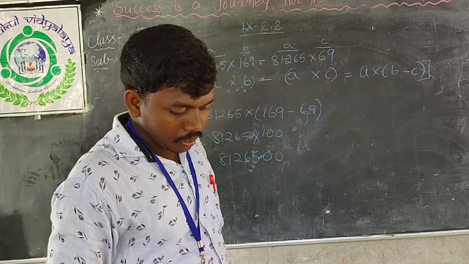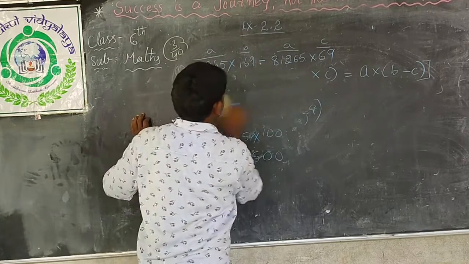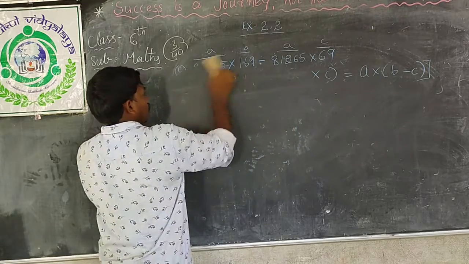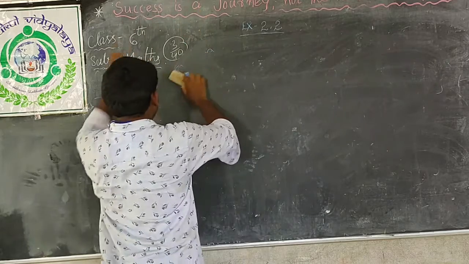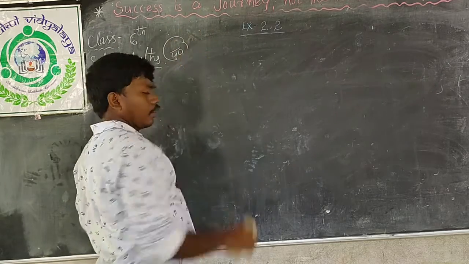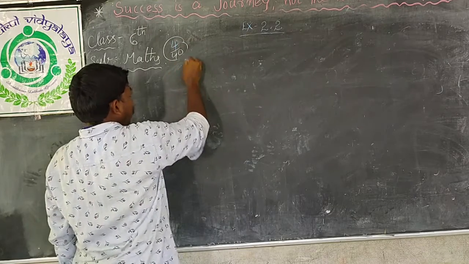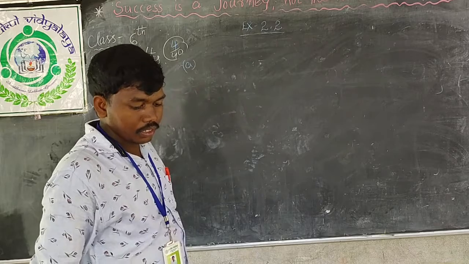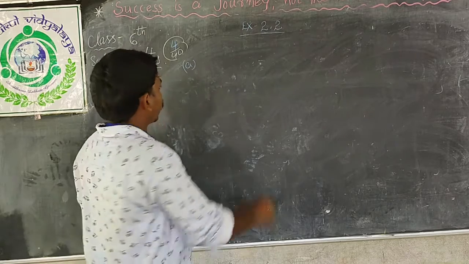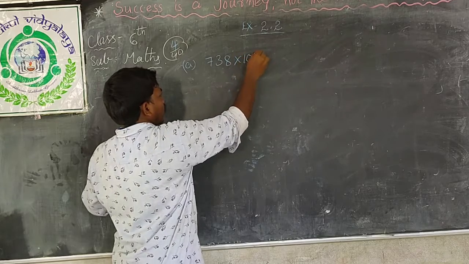find the product using suitable properties. First one, fourth sum, same way as the fourth one. A: 738 into 103.